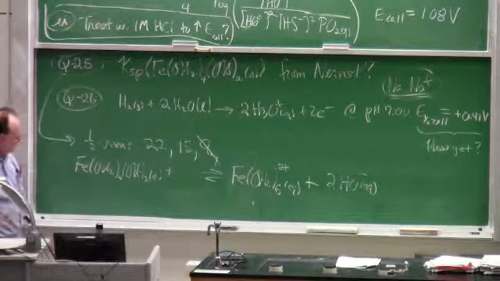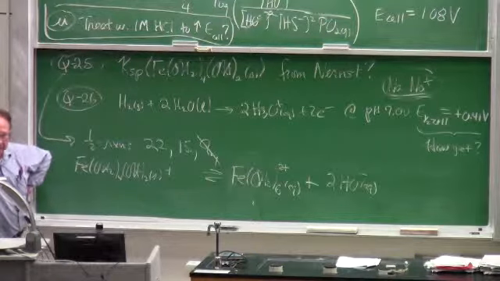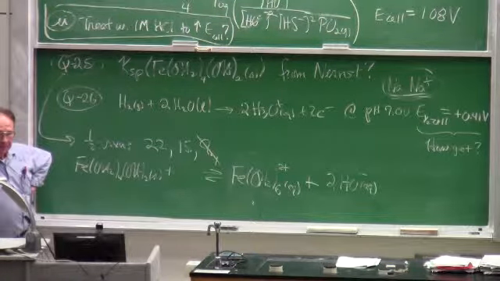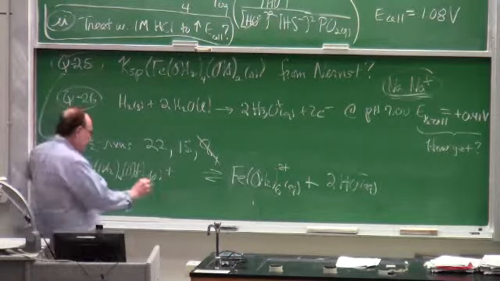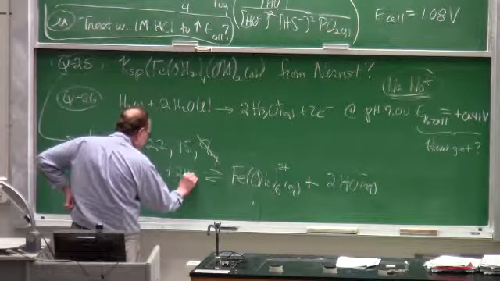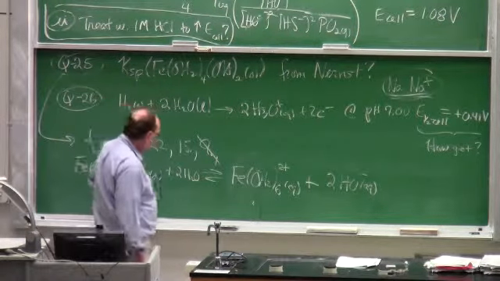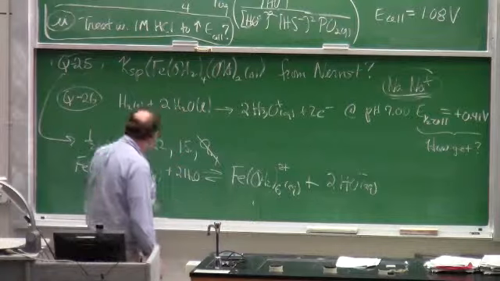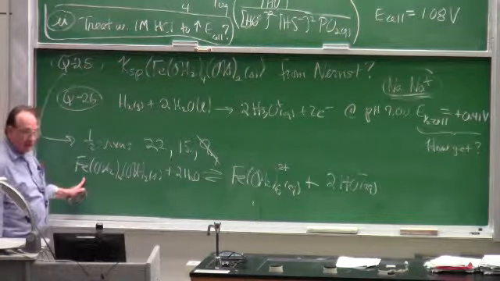Do we have a missing reactant or product? I'm giving you a clue here. How many? And so, when we apply Nernst, we've seen the reaction equation.